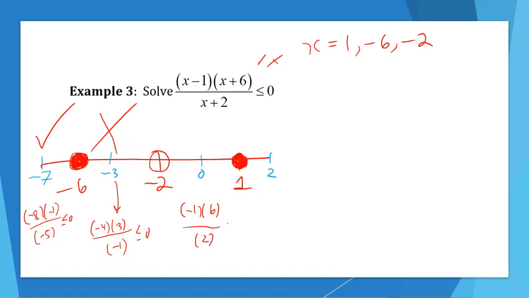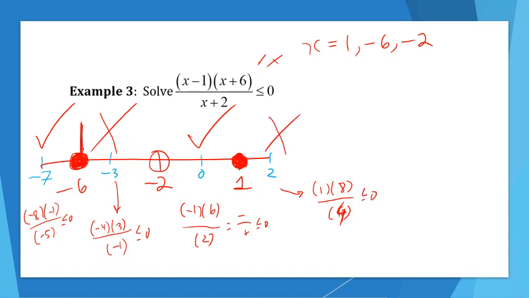This is going to be a negative over a positive, which is less than or equal to 0, so that's going to be a check. And then 2 here, we have 1 times 8 over 4. Sorry, this should be 4, geez. But still, it's a positive number, so it's not less than or equal to 0, so that's going to be a no.